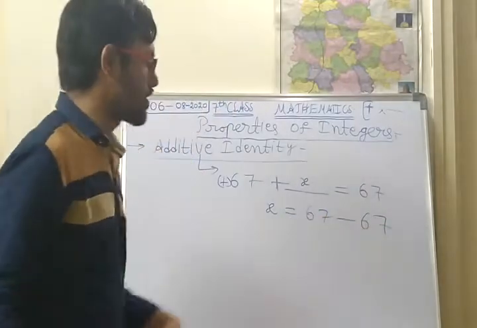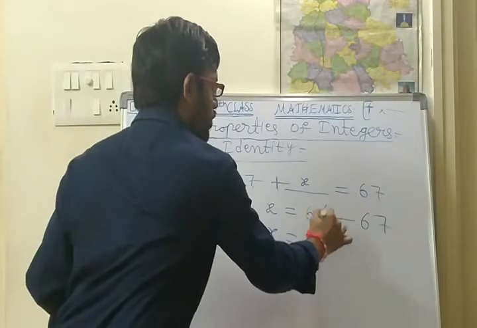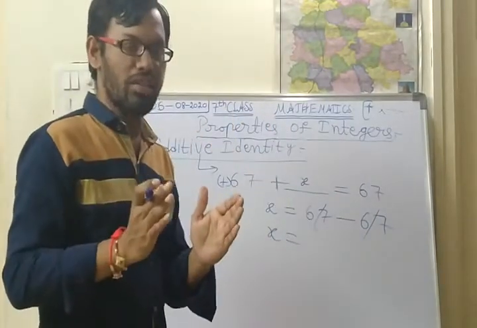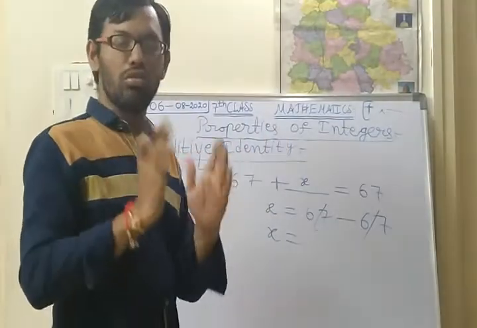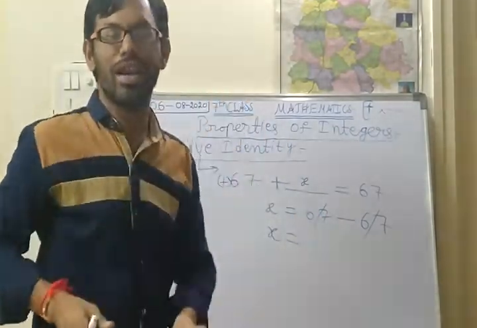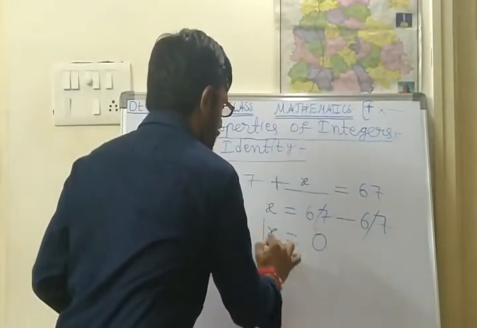So x is equal to 67 minus 67, and both get cancelled. If there are two same numbers with opposite signs, they cancel as 0. So x is 0.